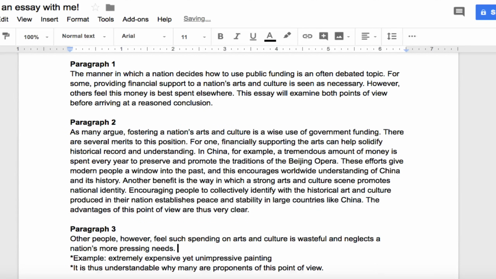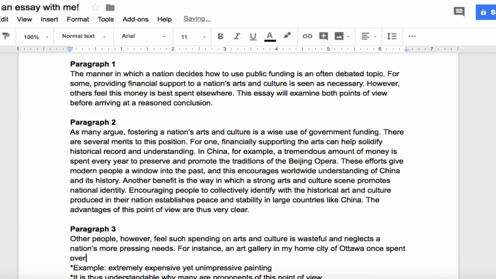Okay, so the example, let's just switch up here. For instance, an art gallery in my home city of Ottawa once spent over $1 million on a large painting that displayed varying shades of white.